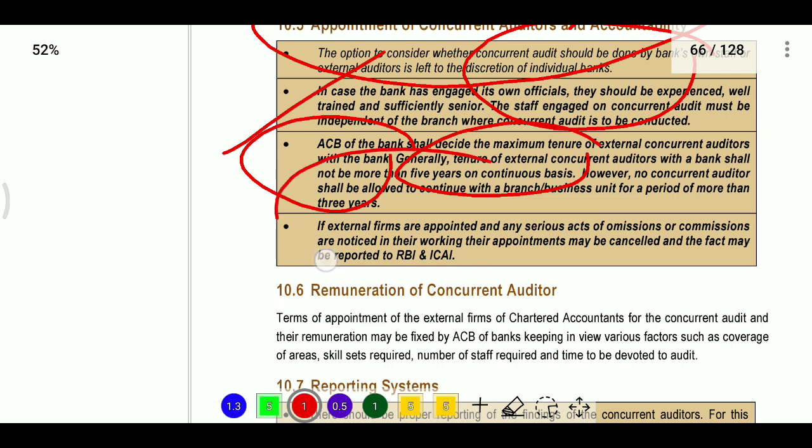Next, if any serious irregularities are noticed in the working of an external concurrent auditor, their appointment may be cancelled and the fact may be reported to RBI and ICAI also.